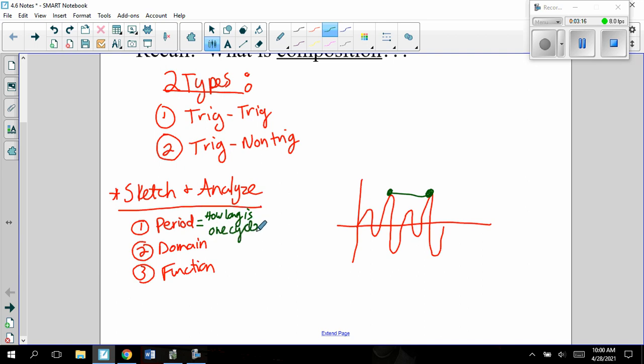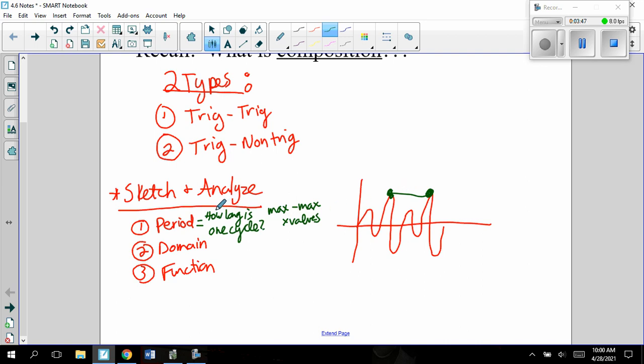I know if you had me in class, I said wave when we were doing just sine, cosine. I'm going to say cycle now because it sometimes goes up and down a few times. And so one way with your calculator to help you do that is to look for a max and then see how long it is to get to the next max with those x values. So find the x value here, find the x value here, subtract them, and that gives you how far apart or how long your period is.